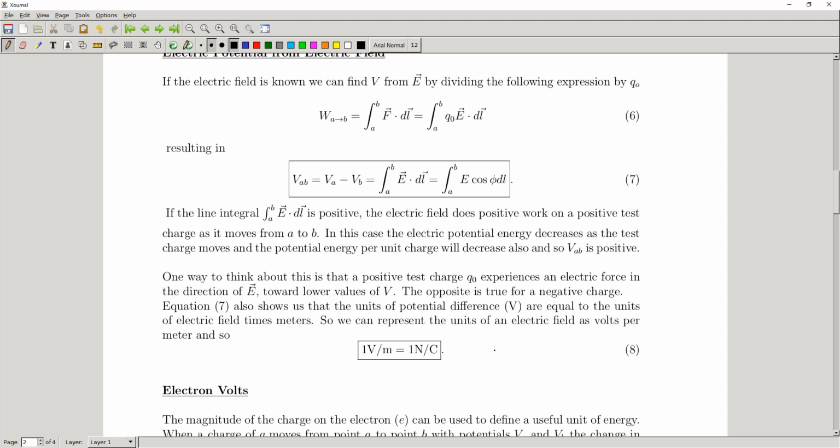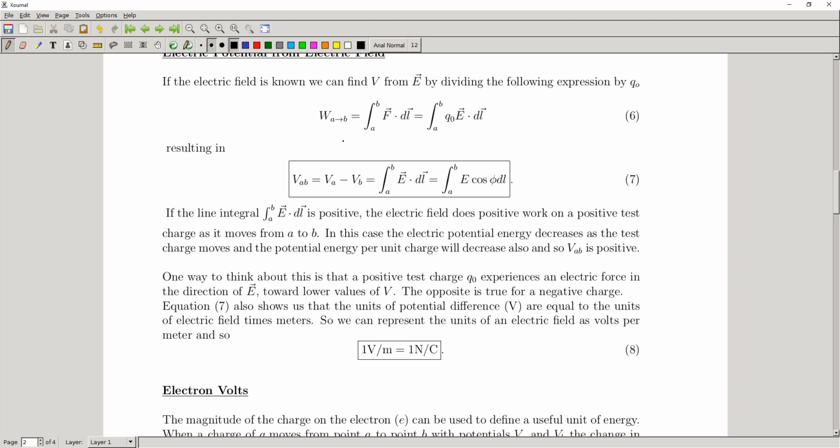But the equation also shows us that if we divide our volts by meters, we end up with newtons per coulomb times meters here, right? But if we divide out the meters from here, we're going to end up with volts per meter is equal to newtons per coulomb, and this gives us another way to talk about the units of the electric field.